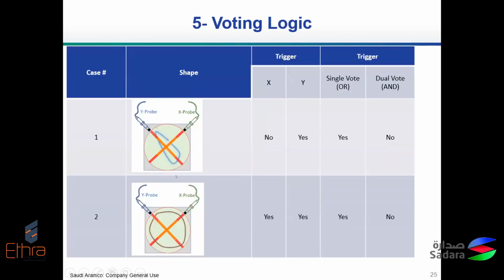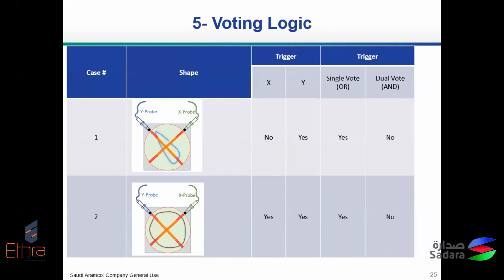So for example, here on the Y probe, the Y probe triggered the high. It triggered the shutdown set point. However, the X probe on the right side here, it did not. So if you have this case and you have single voting, the result is going to be shut down. But if you have this case with double voting, case number 1, the shutdown is not going to be activated, because in the double voting, we need to have both X probe and Y probe.